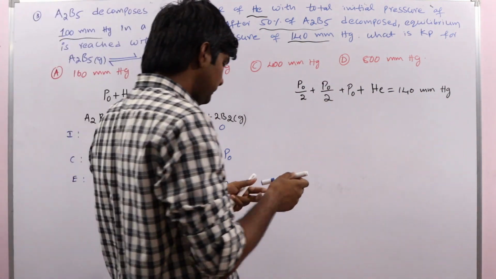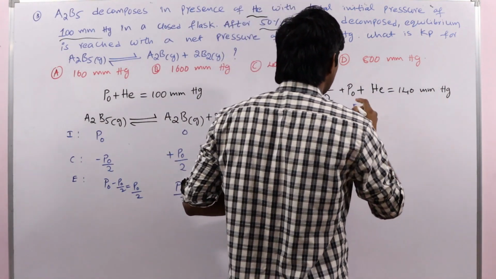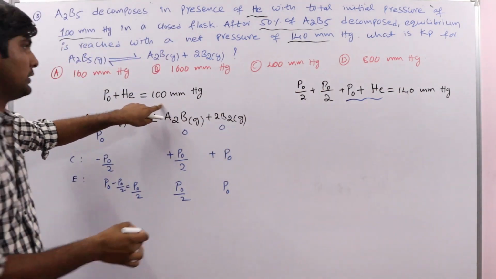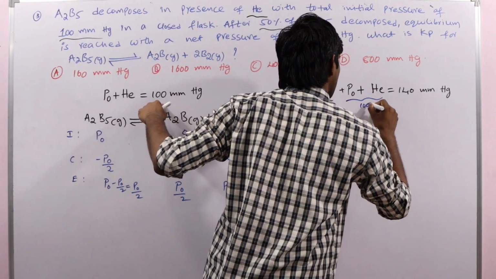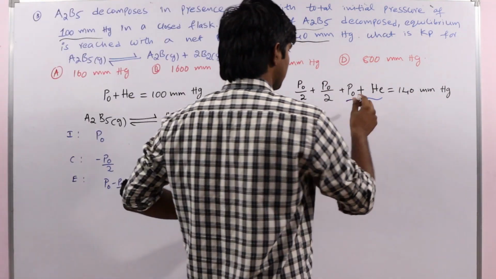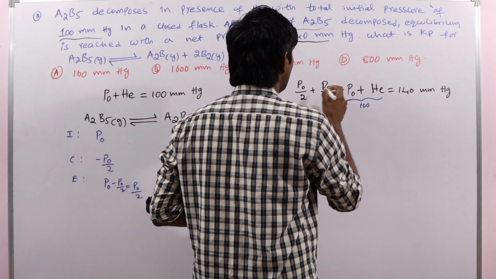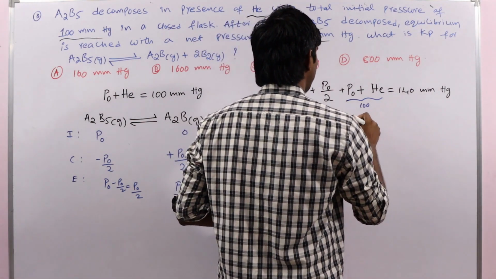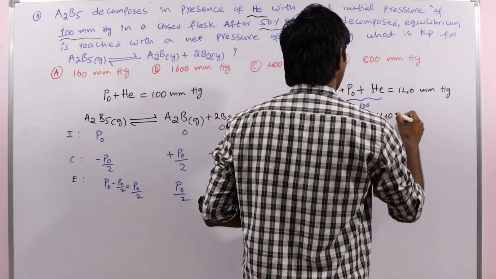Now if you observe, P naught plus helium, how much? 100 mm Hg. So now here P naught by 2 plus P naught by 2, that is equal to P naught, plus 100 equals 140.